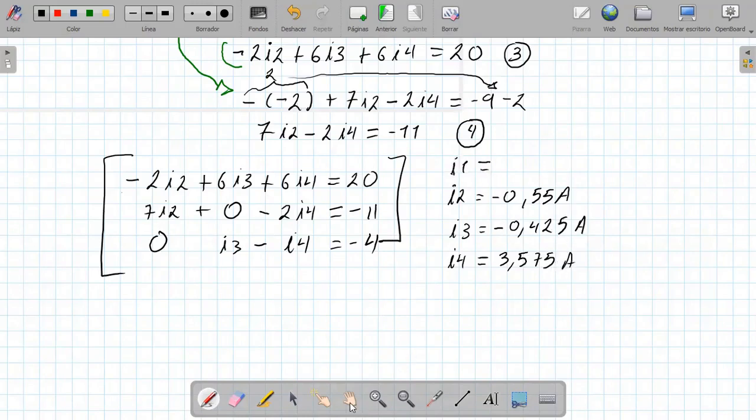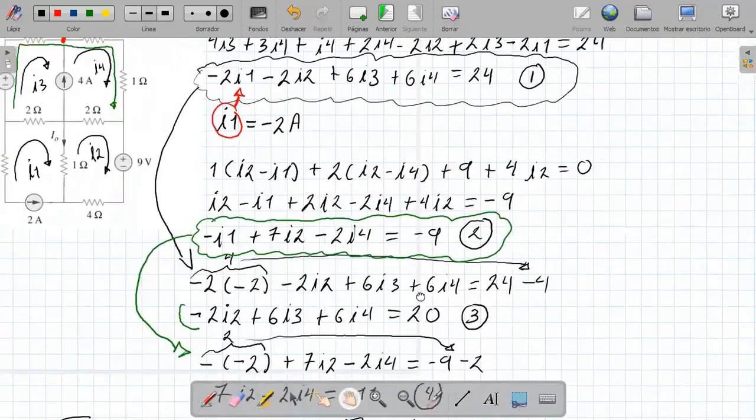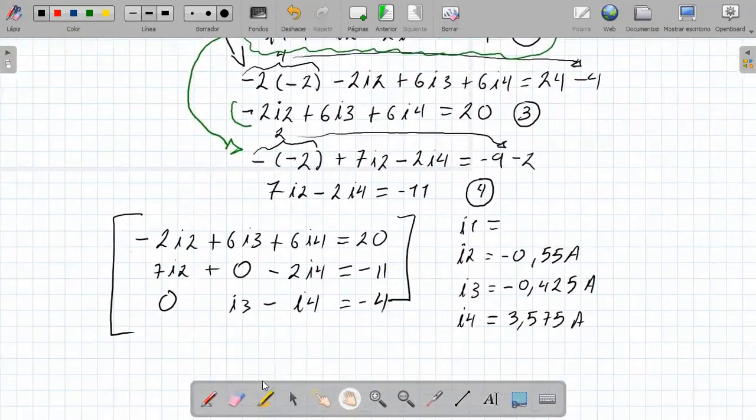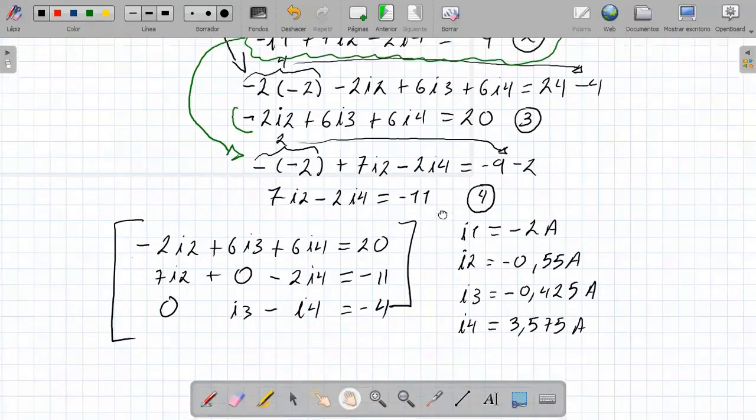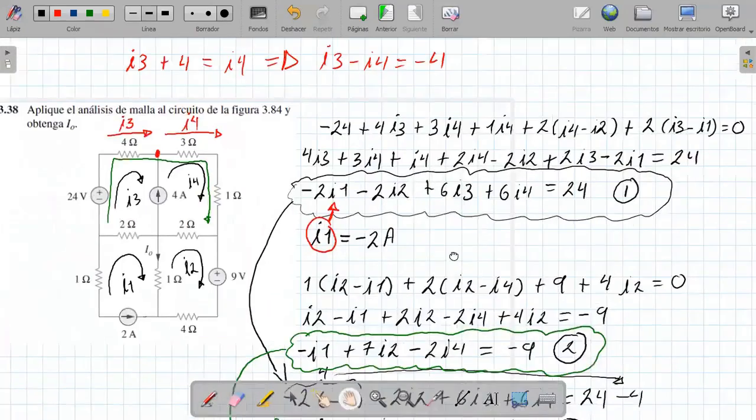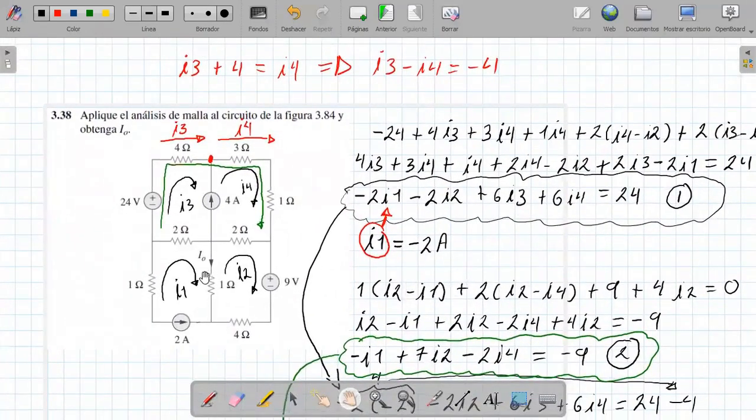And the N1, well, we already had it, which was minus 2 amps.